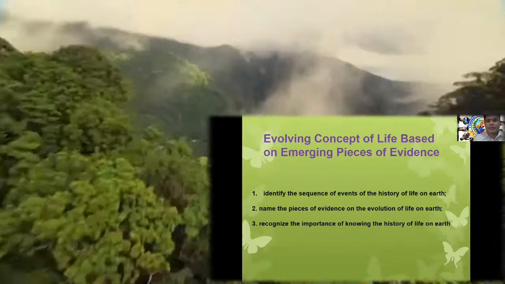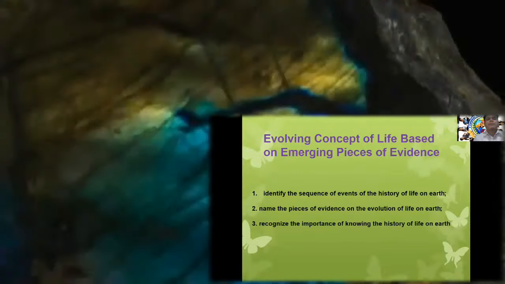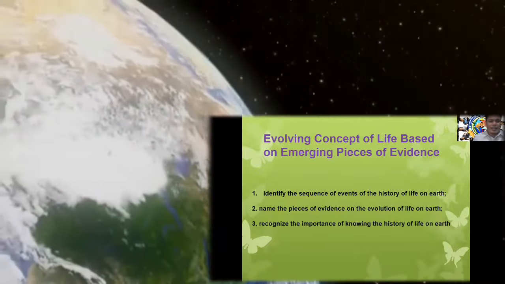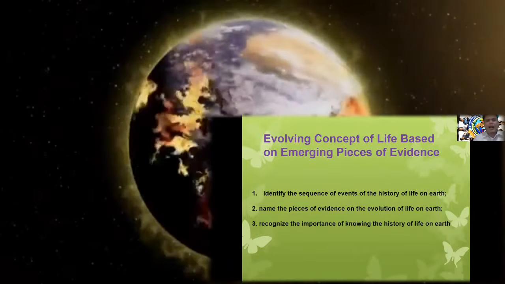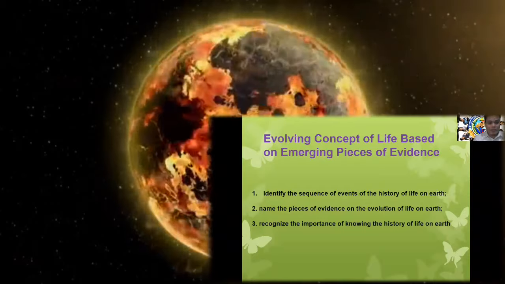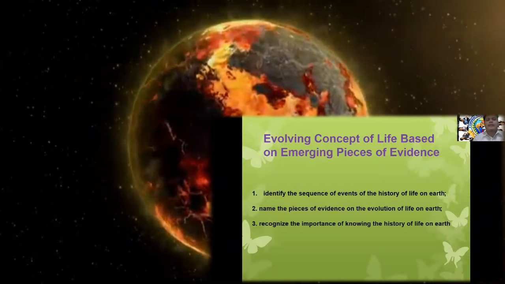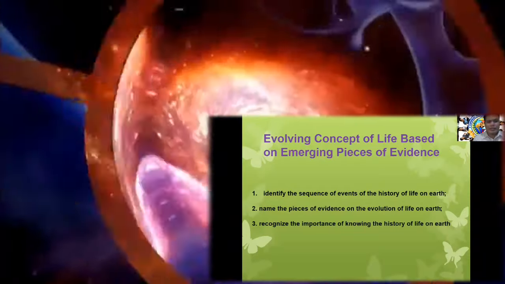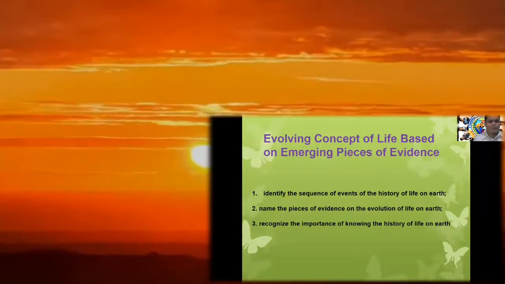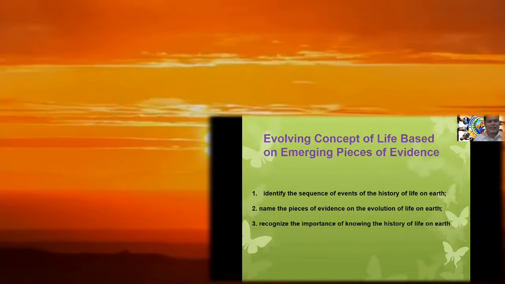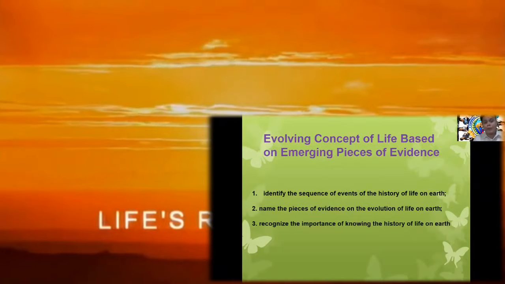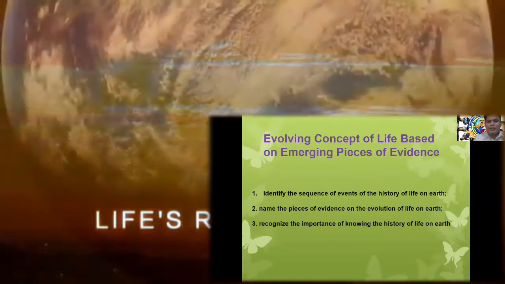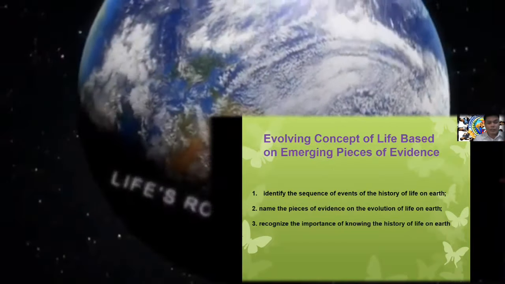Our first 3 learning targets are to identify the sequence of events of the history of life on Earth, name the pieces of evidence on the evolution of life on Earth, and lastly, recognize the importance of knowing the history of life on Earth.